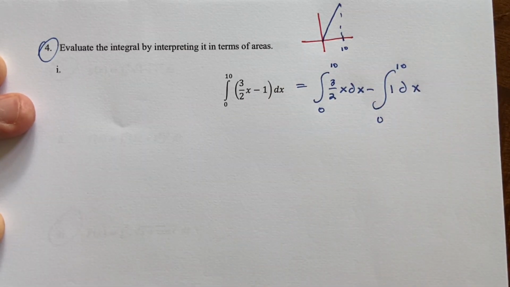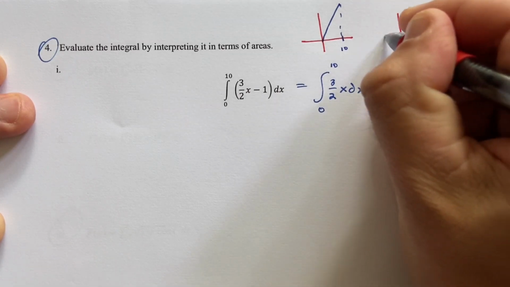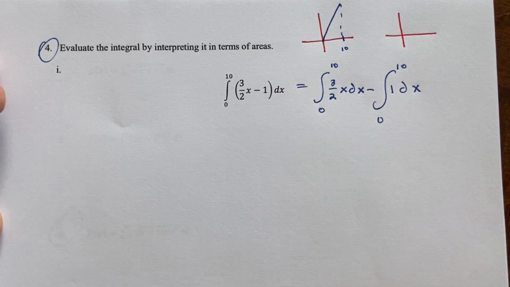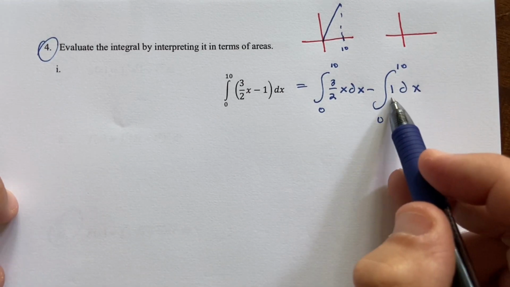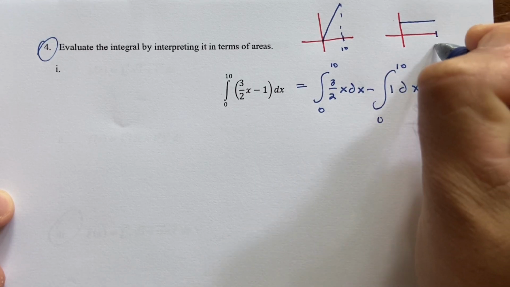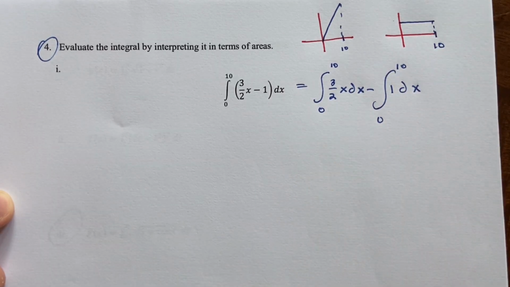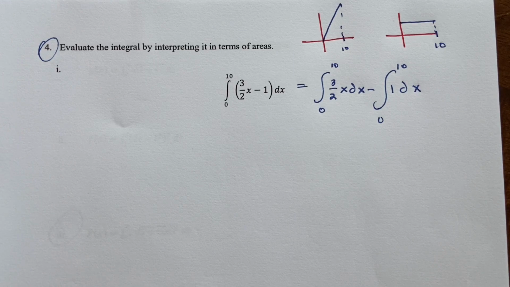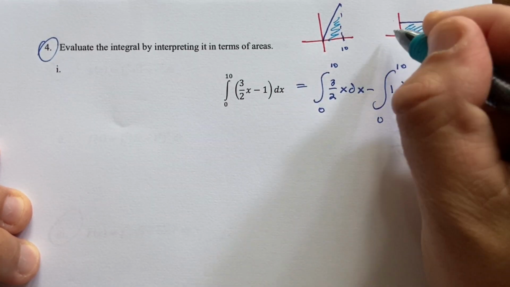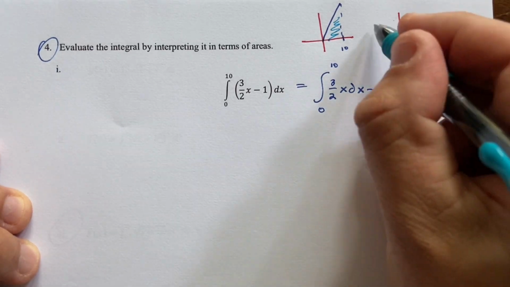For this one, well, I guess if you just want to think of it as positive 1, you would have this 1 going from 0 to 10, and you would have that area. So you would have these two different areas to add up, or I guess subtract.